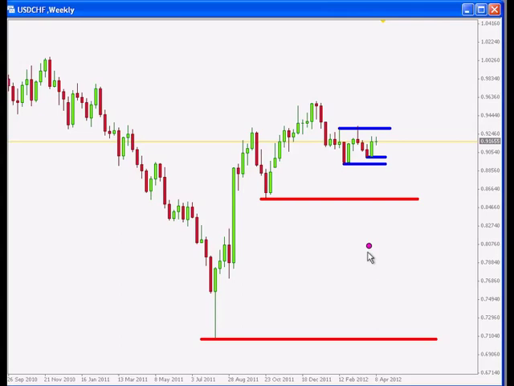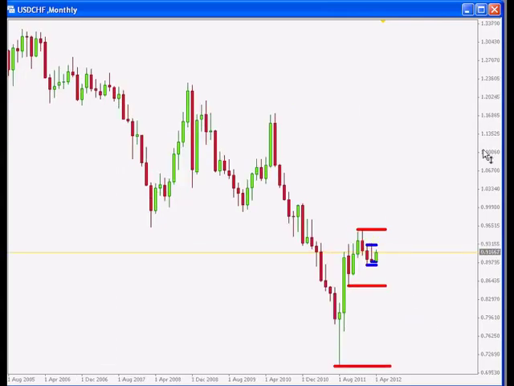Everybody's certainly seeing this one. I'm not sure everybody will mark that one. All right, let's now mark the top of this kind of upswing formation right there with another red line. Now let's flip into the monthly time frame.